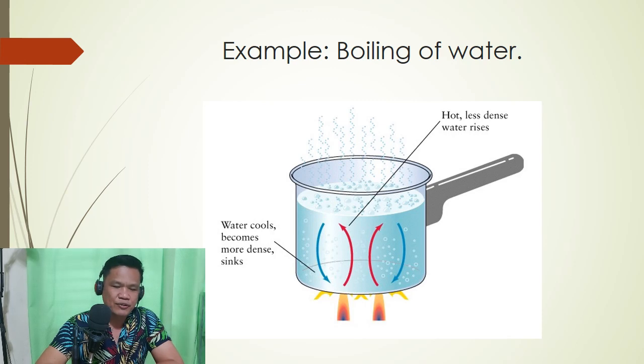If you try to boil water using a pan, you will observe that when you put the pan with water on top of a flame, the flame would hit the pan, and what will be heated first are the water molecules below the pan, or the water molecules that are directly in contact with the bottom of the pan.